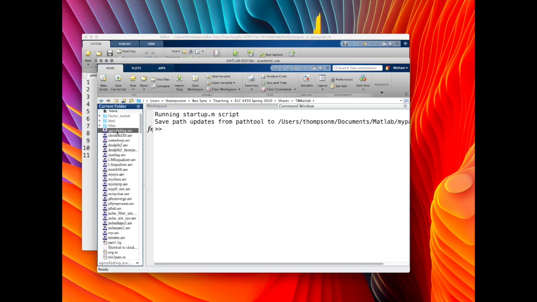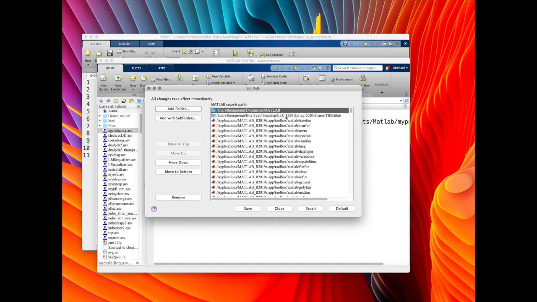If you look in there, there's quite a few files that come with the textbook, including plot spec, the one we're going to look at today. All right, so because you need access to these, you should download the TB Matlab directory to your computer, and then use Path Tool to set up a path to that directory. You see here, I already have that set up. So just add a folder, save that, so you can use that from session to session.